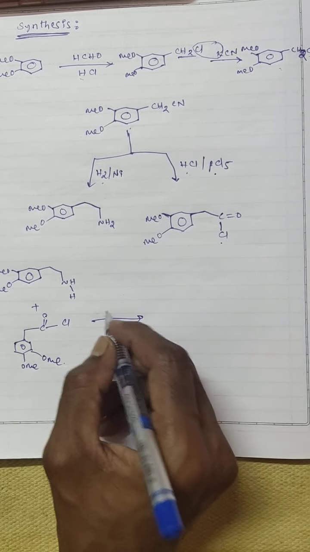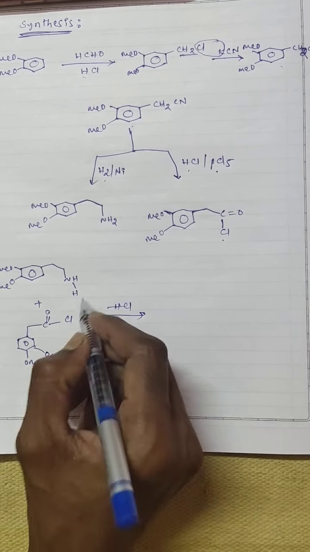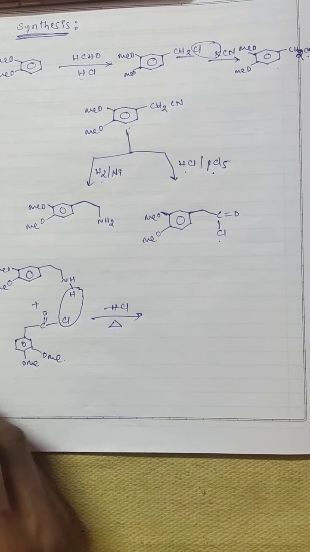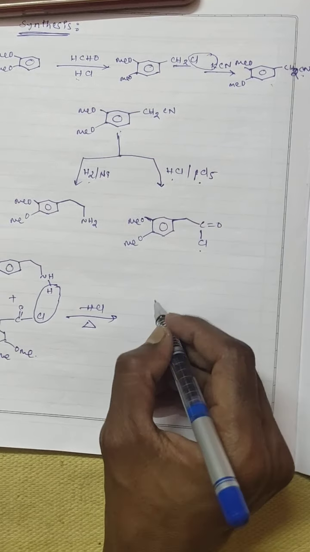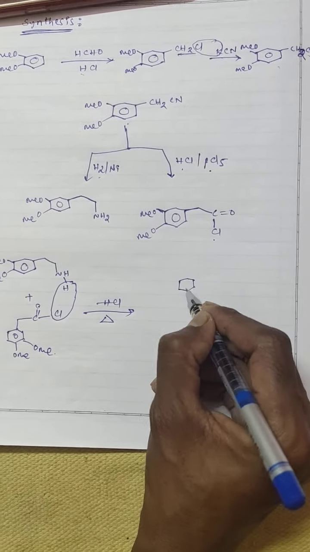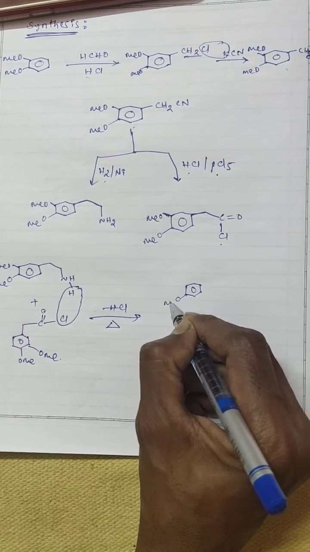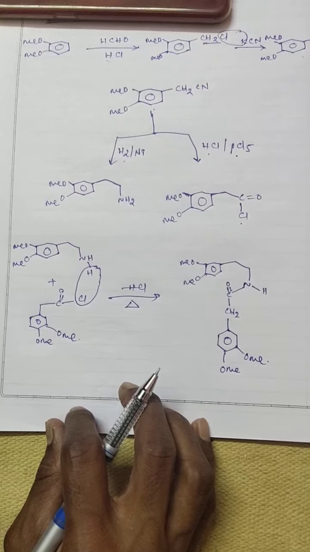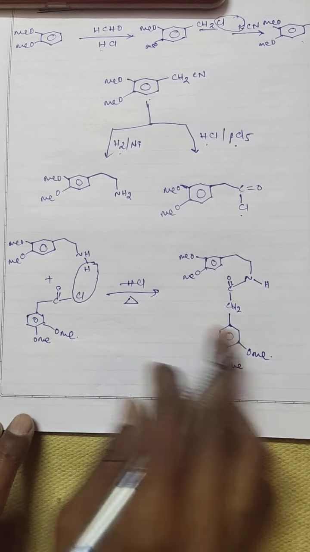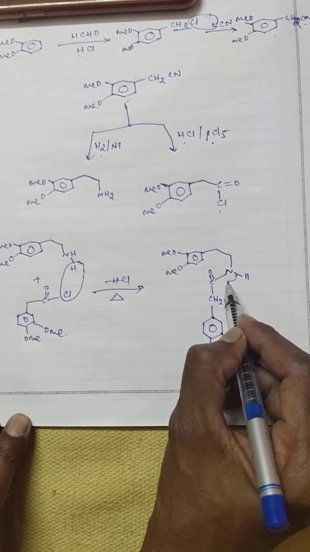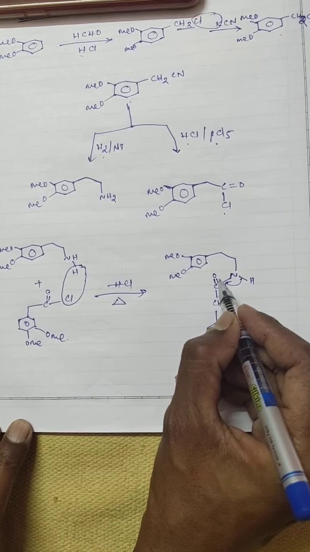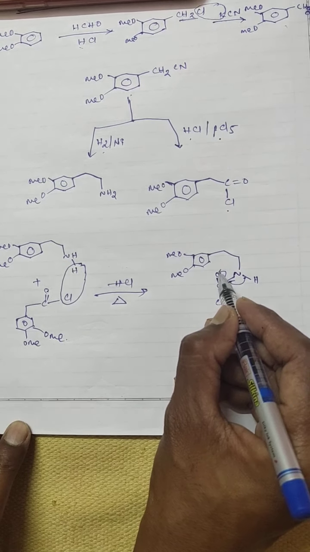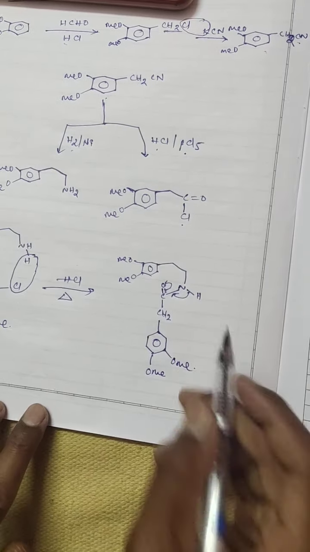Whenever heated, removal of HCl takes place. So linking is possible. So now you can write the structure as it is, right? Okay, forms this compound. So whenever the shifting of hydrogen bond from here to here forms the OH compound.